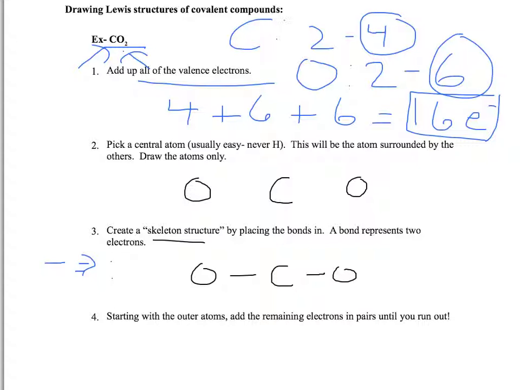If you take a look at oxygen, it has 1, 2, 3, 4, 5, 6 valence electrons. Same with this oxygen over here. And carbon has 4.